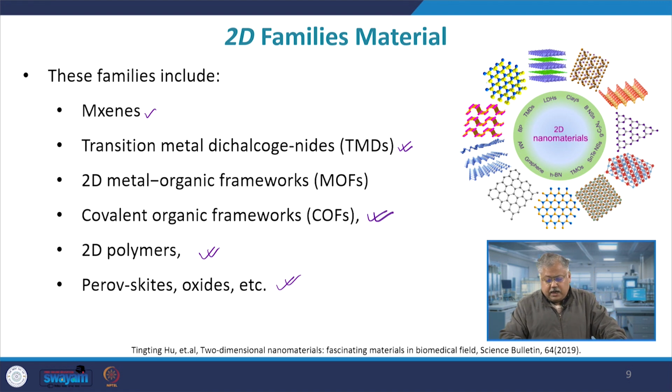On the right hand side, you have graphene sheets available, and TMDs, transition metal dichalcogenides, also available to us. There are many other types of material, but more importantly we are interested in graphene, and TMD as also a material in the 2D family.